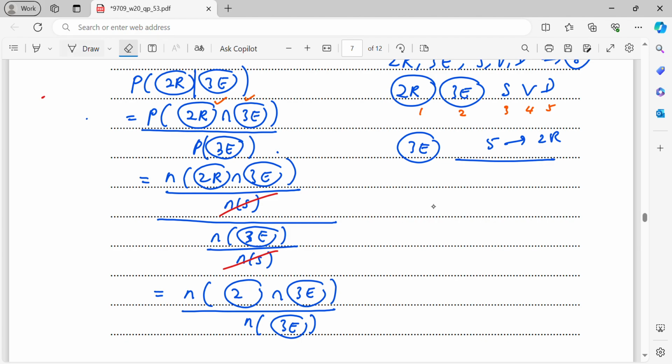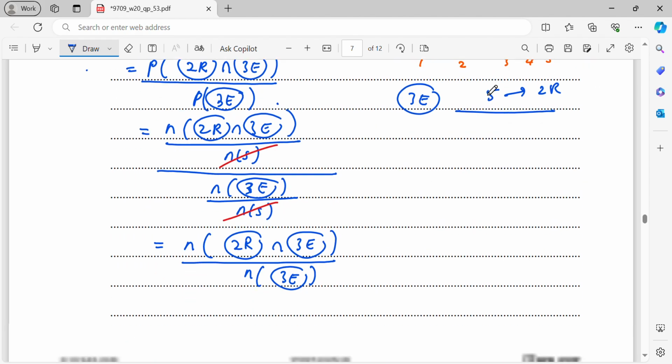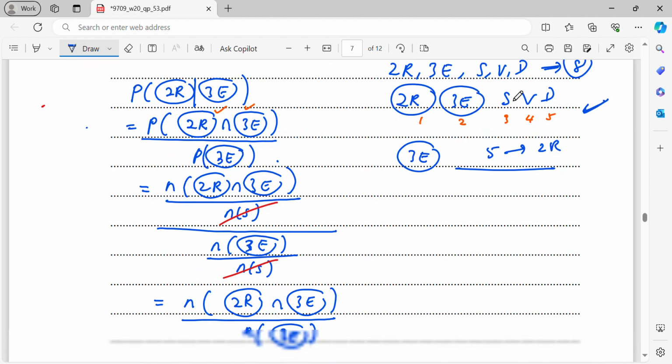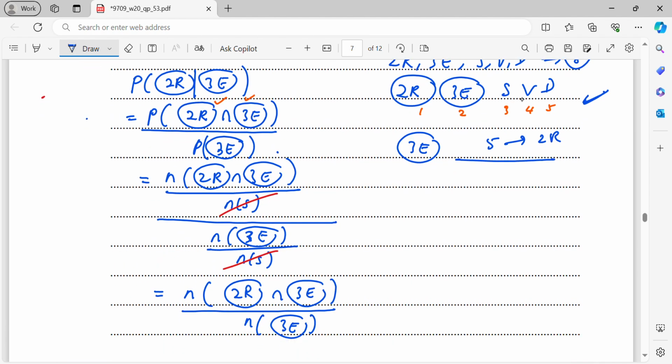Okay, so for the 2 R's and 3 E's, as I mentioned just now, it will be 5 factorial, because I treat 2 R's as 1, 3 E's as 1, and they are identical R's and E's. Therefore, there's no difference, no need to arrange. So my probability of 2 R's given 3 E's will be 5 factorial over, for 3 E's, treat the 3 E's as 1, then here you have 5.